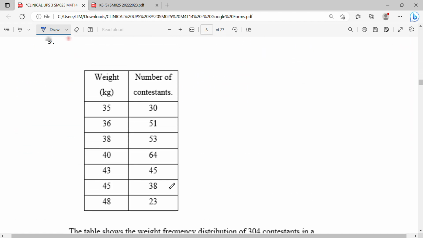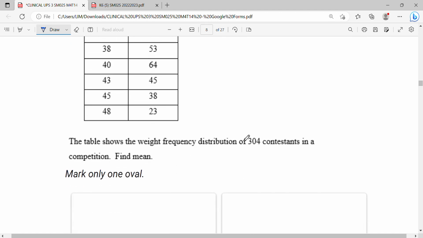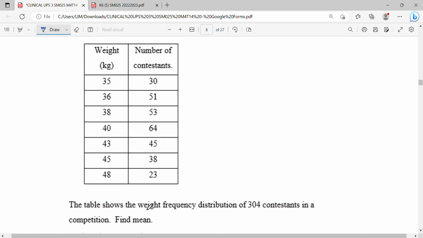Find mean. Alright, so for the mean, I can also use the calculator. When you have full data with the frequency, we can use the calculator. So you just key in again, find your statistic, one variable, and frequency. 35, 36, got it? 40, 43, 45, 48.